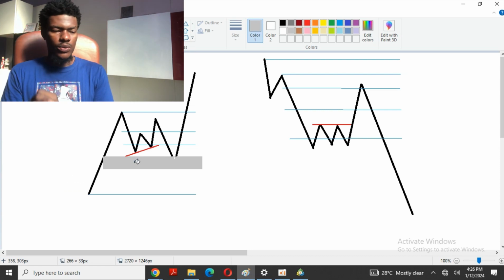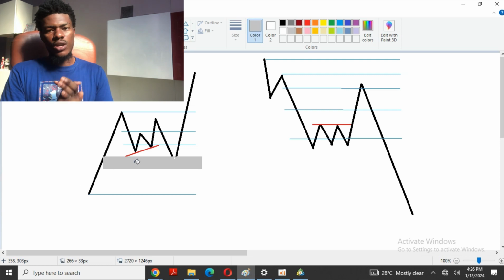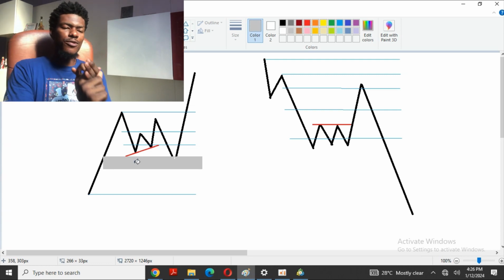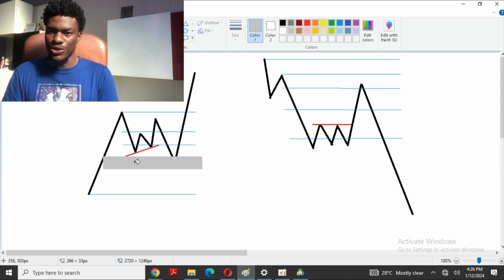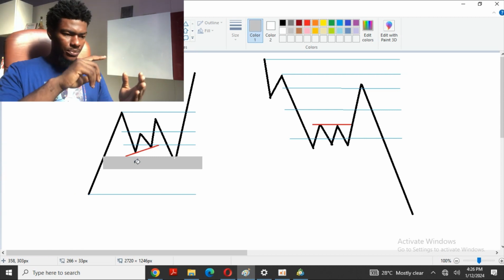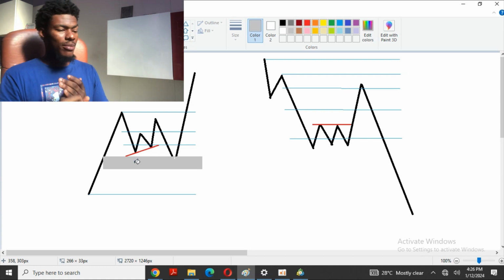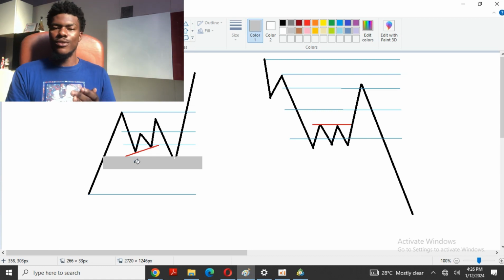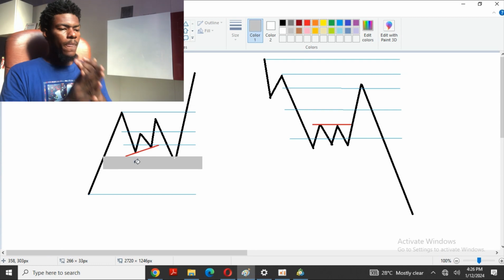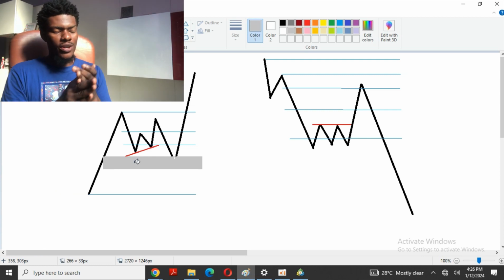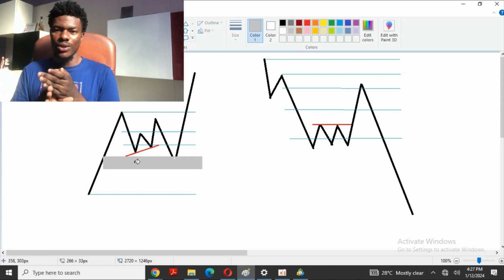I'm talking about liquidity. Then number two, when you draw your Fibonacci retracement tool, make sure the market is in between your 50.0 and your 61.8 region. That's the third confluence. And number four, make sure your fair value gap or your order block, in this situation now, it's your fair value gap, is in the same area where your 50.0 and your 61.8 Fibonacci tool is.